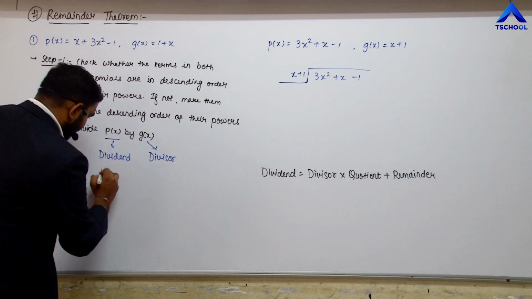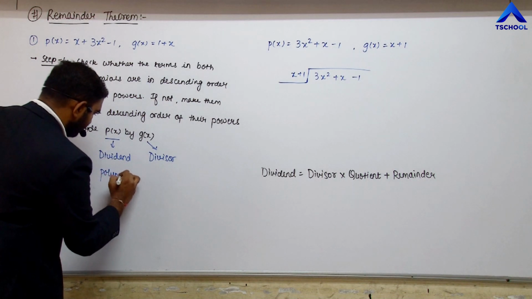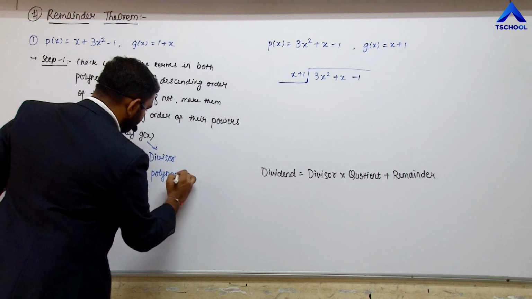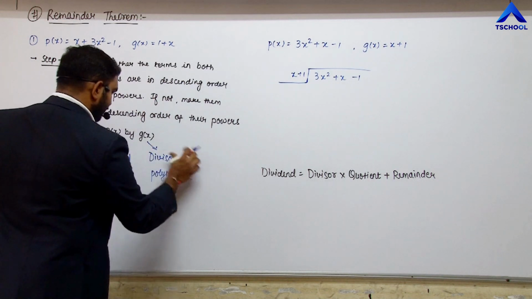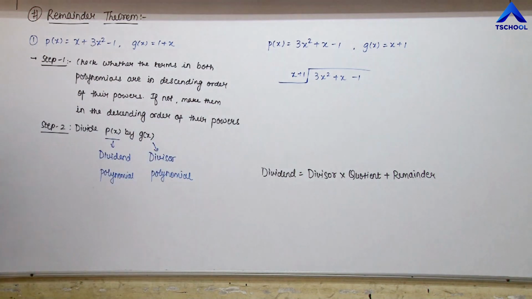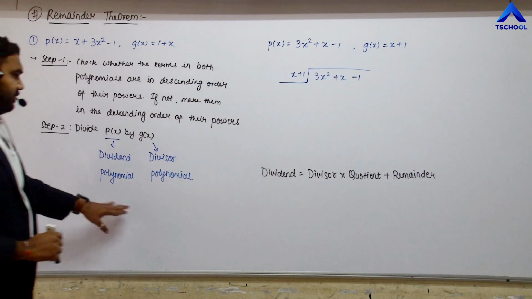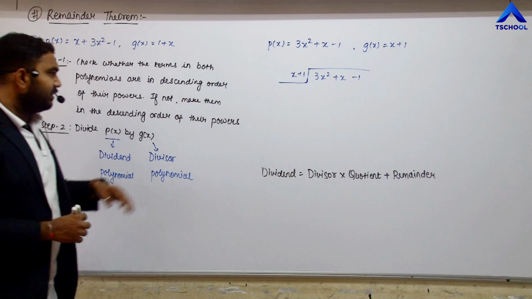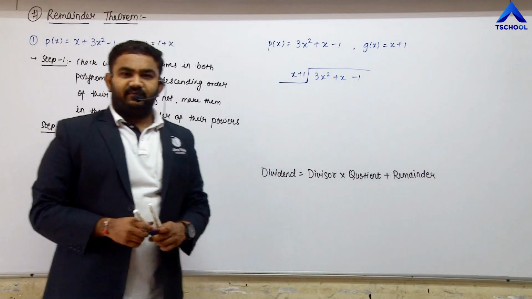That will be a dividend polynomial, and that will be a divisor polynomial, right? Both of them are polynomials here, so both of them must be written as the dividend polynomial and divisor polynomial. We have written in that format here.